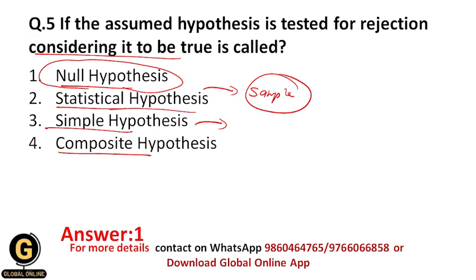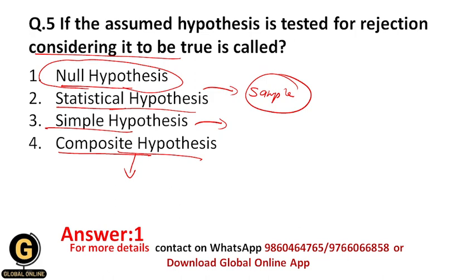And what is composite hypothesis? Composite hypothesis is again a type of hypothesis, and in this hypothesis we don't actually assign the values of the variables. So basically we don't understand exactly the values of variables under the composite hypothesis. All of you getting? And it is called the composite hypothesis.